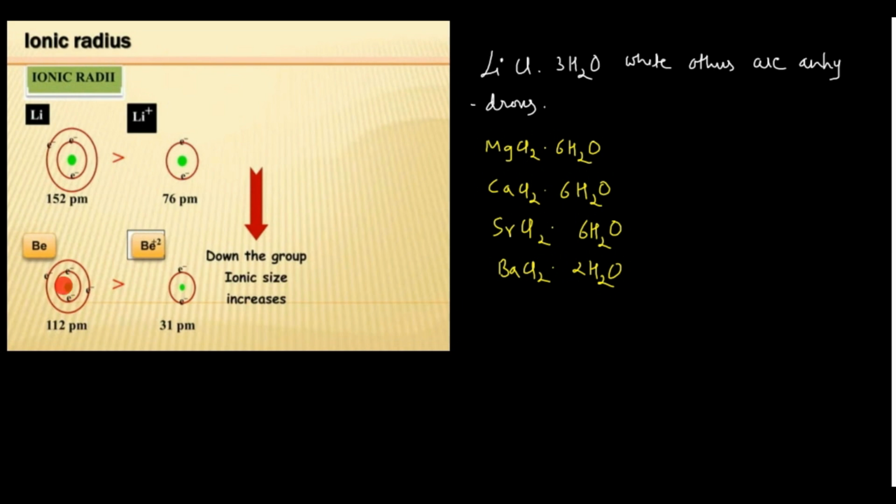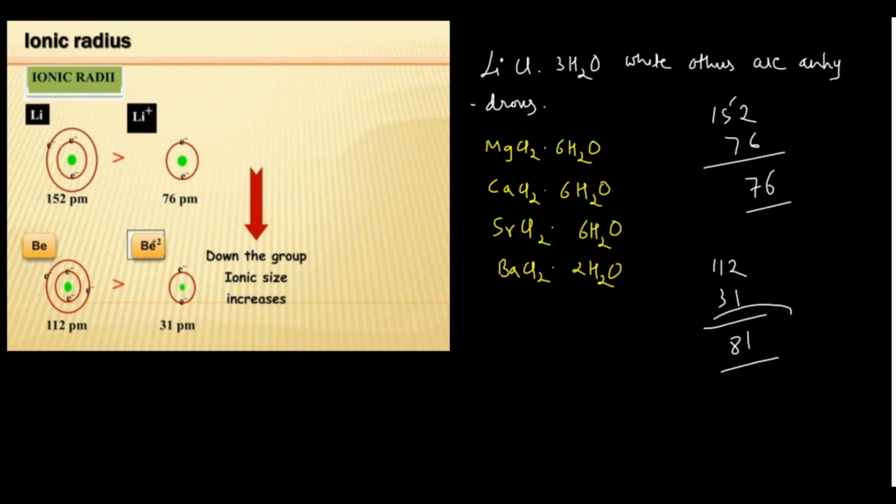Now for beryllium it is 112 picometer, and when you form the beryllium ion, it is 31 picometer. If you take the difference between the two, I can write here 152 and 76, so the difference is 76, and 112 and 31, so the difference is 81.